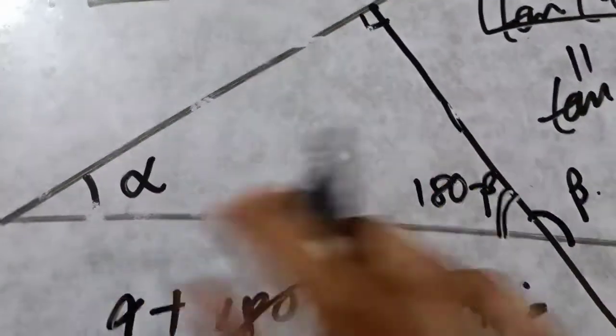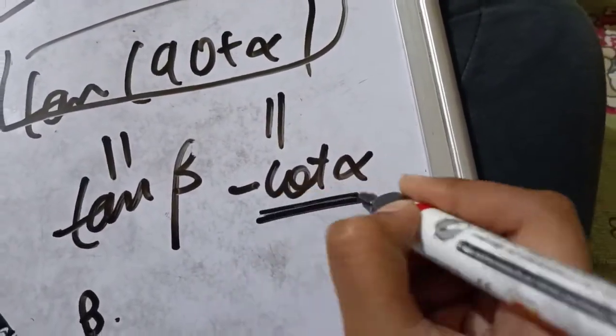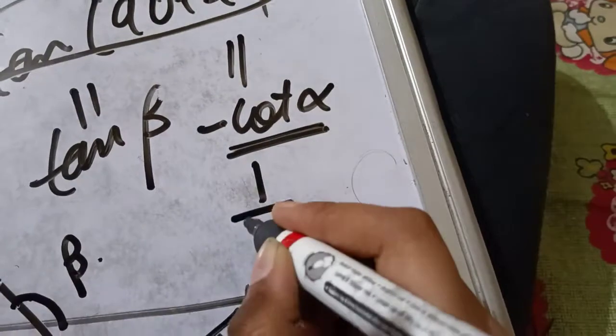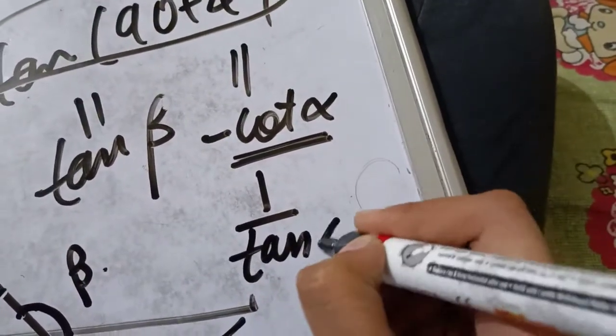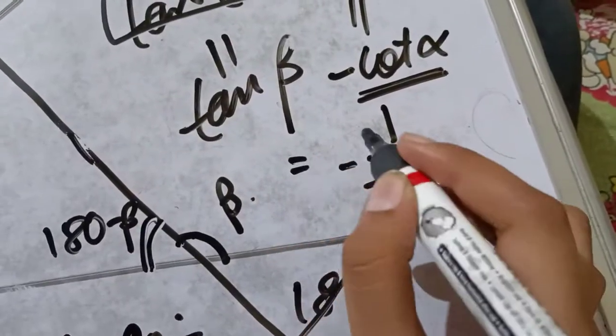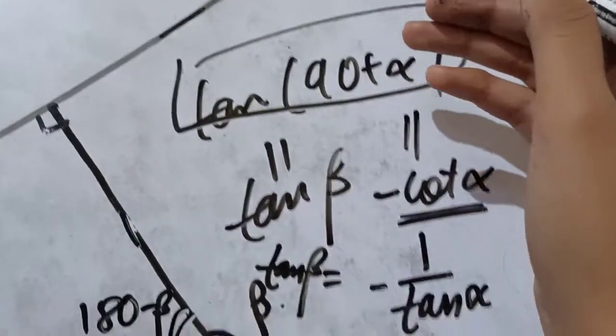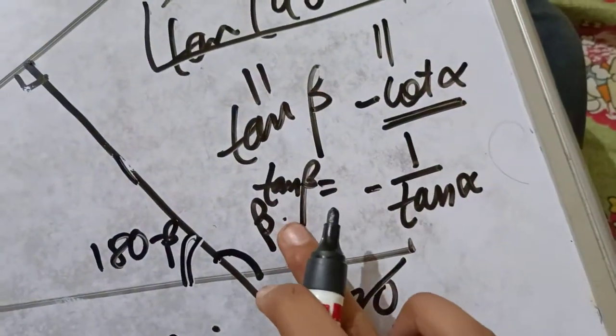Is that clear to you? Now you need to know that this cot can be written as 1 divided by tan alpha. Now this minus sign has been written. This will be equal to tan beta, as we are finding tan beta.